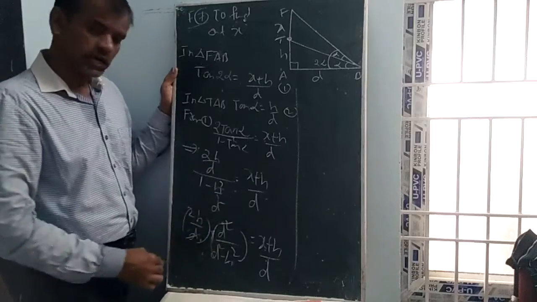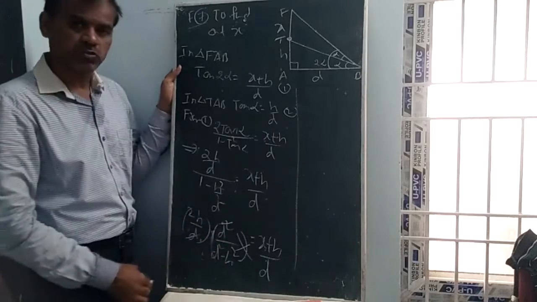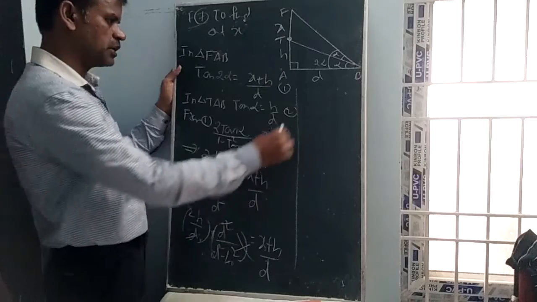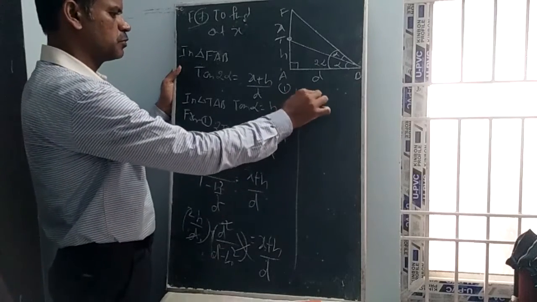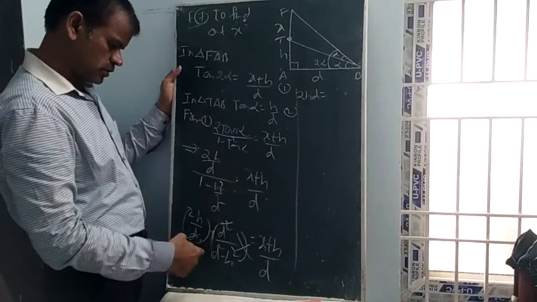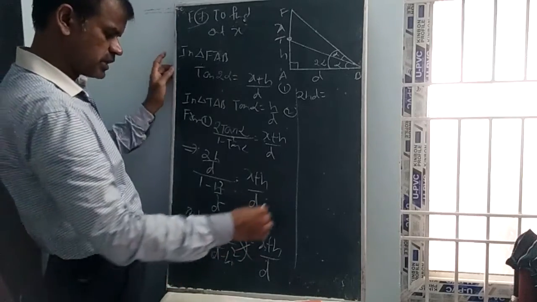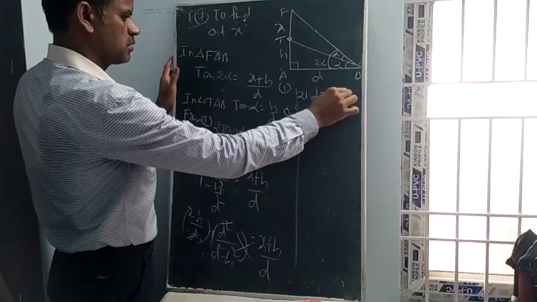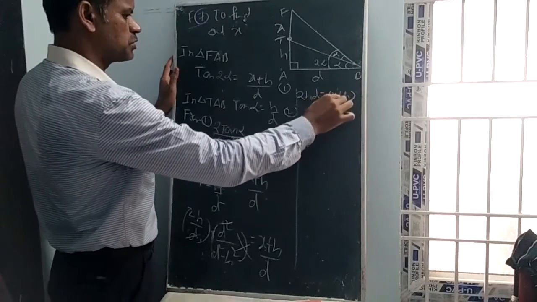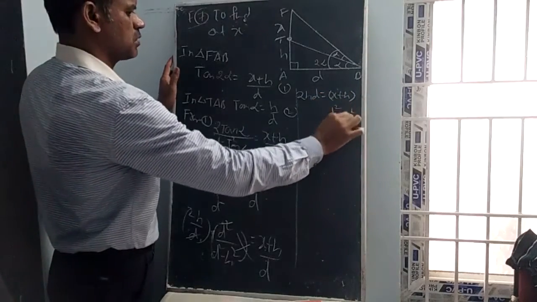Now this D will get cancelled. Taking cross multiplication, 2HD is equal to X plus H into D square minus H square.